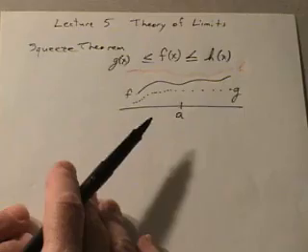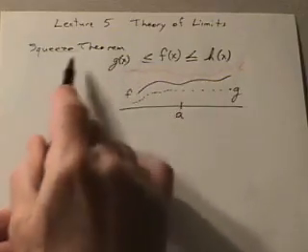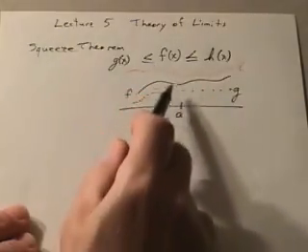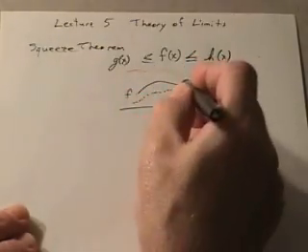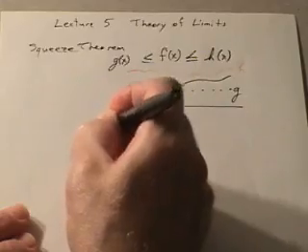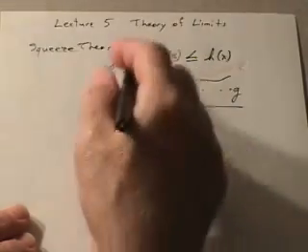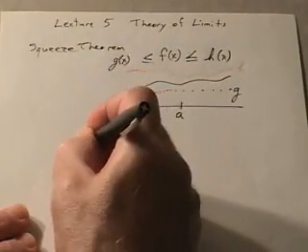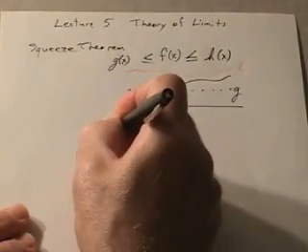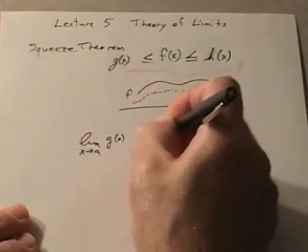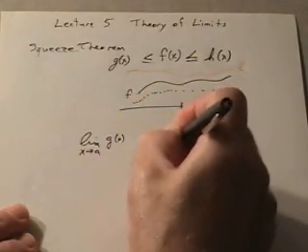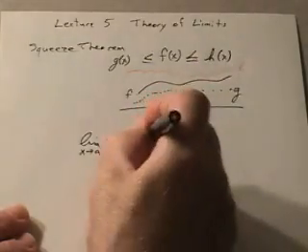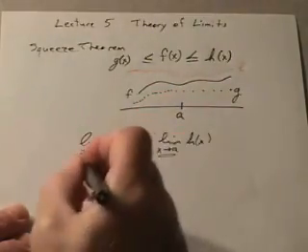What's a little bit more challenging, though, is that in order to make this squeeze theorem work, not only do you have to trap f between two other functions, but you also have to have the limits of both the lower and the upper functions. So that means the limit as x approaches a of g of x, and the limit as x approaches a of h of x, these two have to have the same limit as x gets close to a.